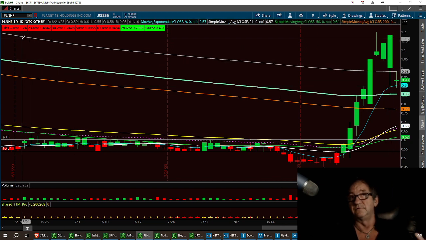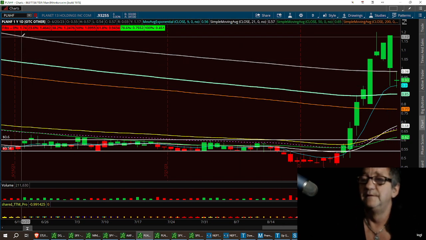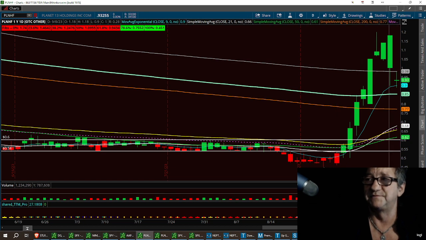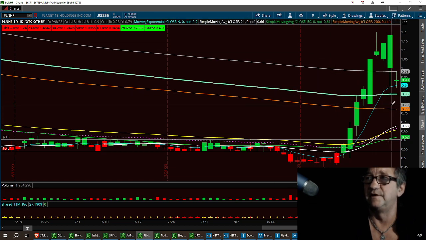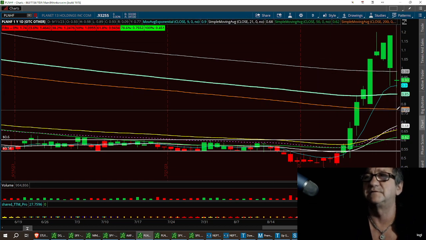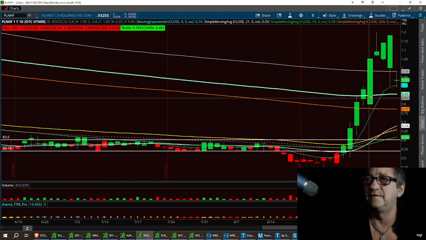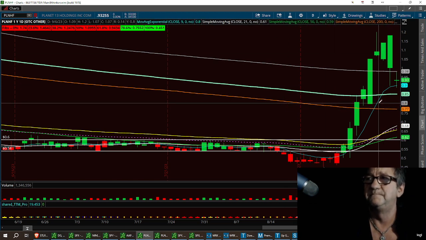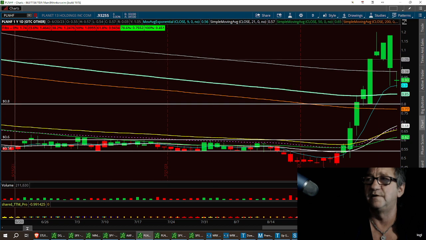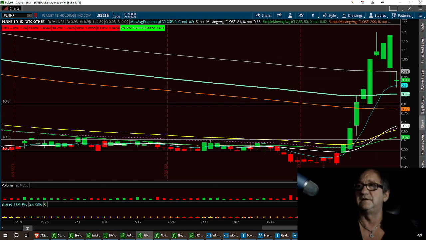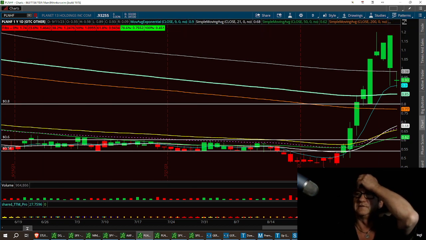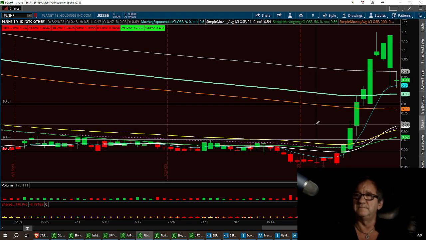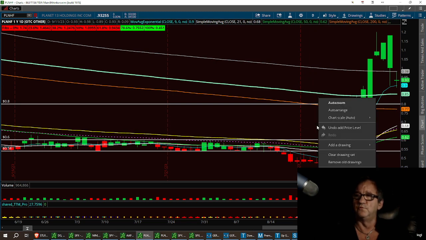So I'm definitely going to be watching this one today. Now the volume has picked up some, but we could be kind of consolidating, and if it bounces back to the 200 on the daily time frame, I'd probably take this trade, or at least at the bottom of this candle right here, at 80 cents. So I'd set an alert right there, see if it holds. If not, maybe take it down here off the 21 at 68.